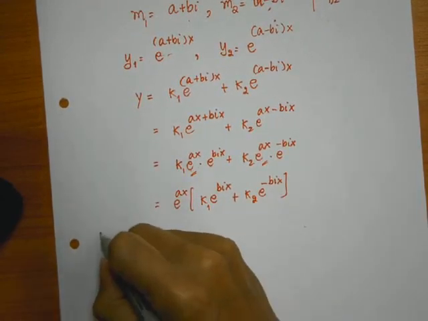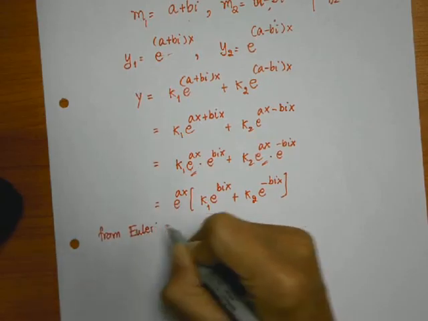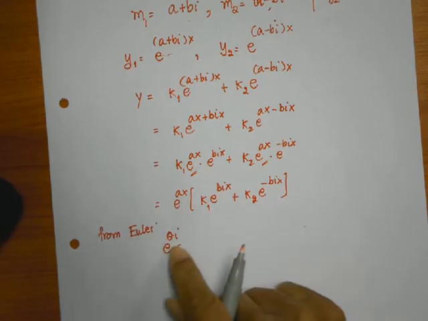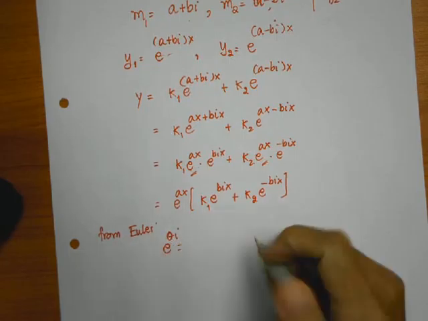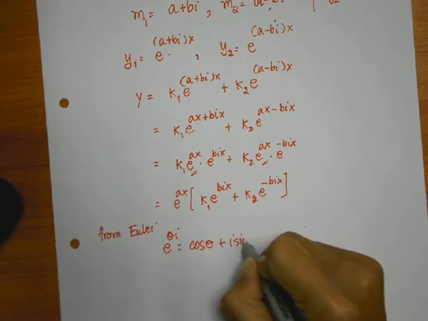But from Euler's formula, we know that exponential of theta i is equal to cos theta plus i sin theta.